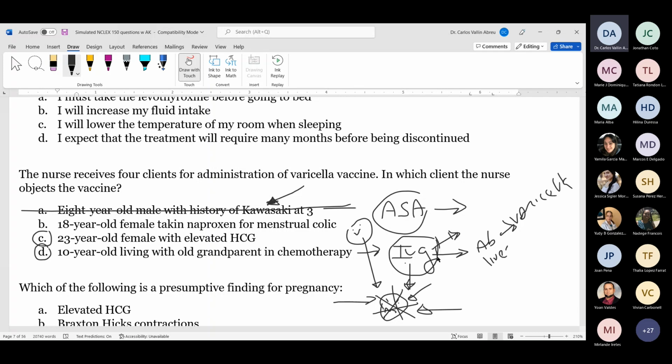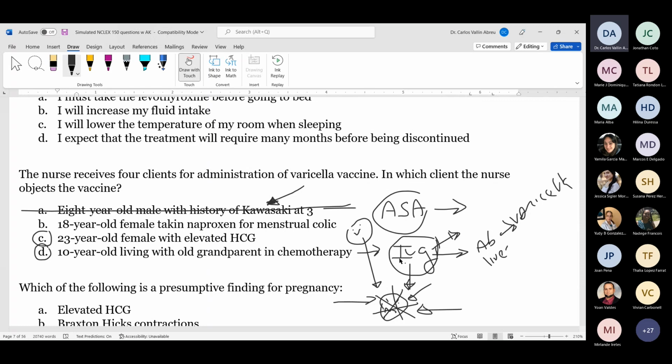So if you have a patient that recently, and in some books I read 9 months, in other books 12 months, received immune globulin, and the person is going to receive a live virus vaccine, the virus in the vaccine is weakened but alive.